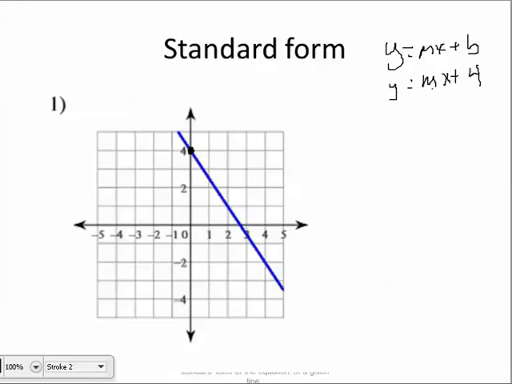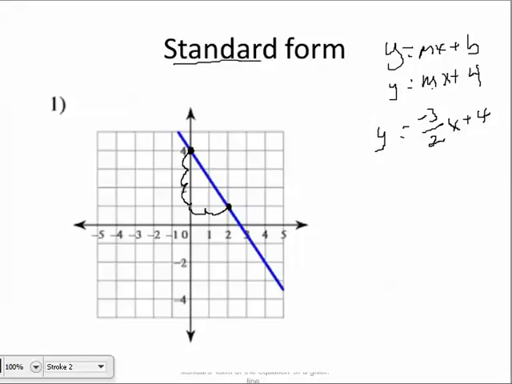Now how am I going to find the m there? Well, it's easy. All I've got to do is find another point on the line. Like that one right there. What does it do? It goes down. How far? 1, 2, 3. It goes over 1, 2. So it goes down 3 over 2, so y equals negative 3 over 2 x plus 4. And that's what the equation of the line is.